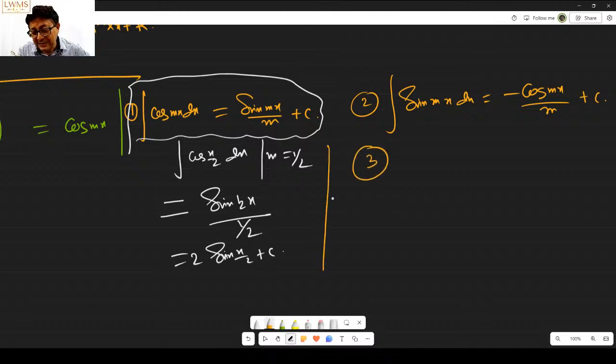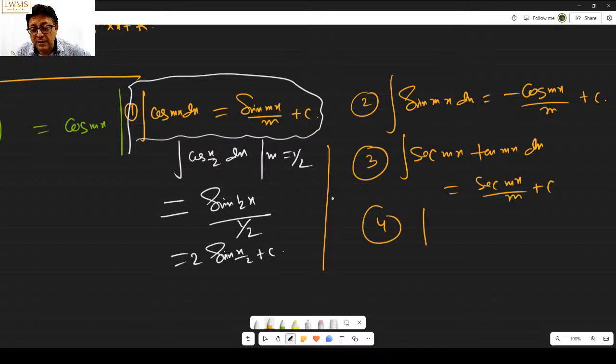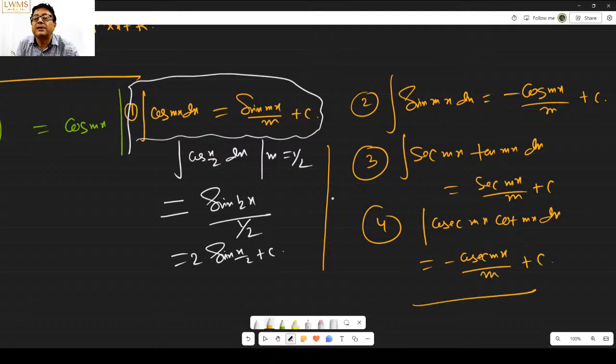m will be divided like this. Now cosec mx cot mx. Integration of cosec x cot x is minus cosec x, but m is there, so you will write minus cosec mx by m plus c. Clear to all of you?